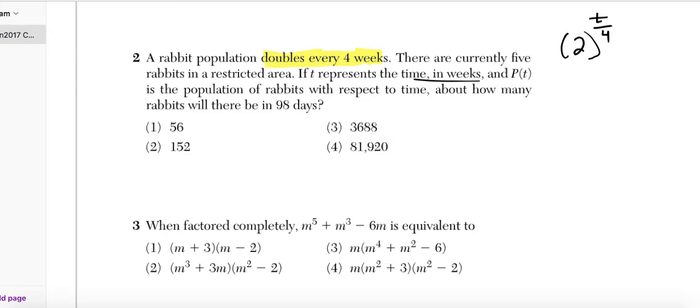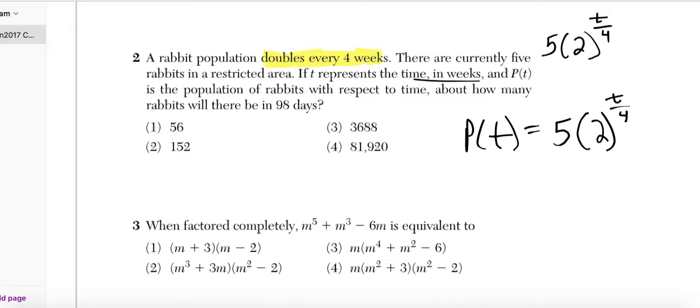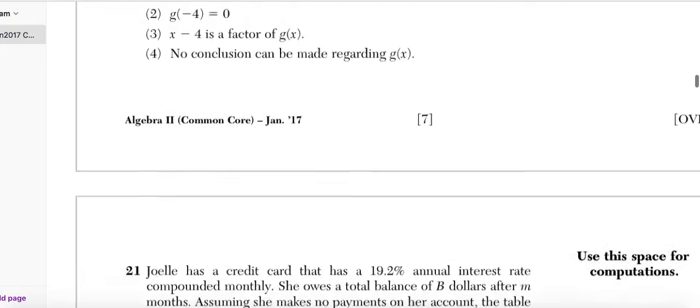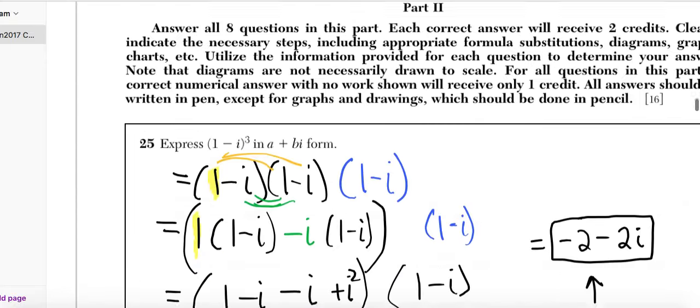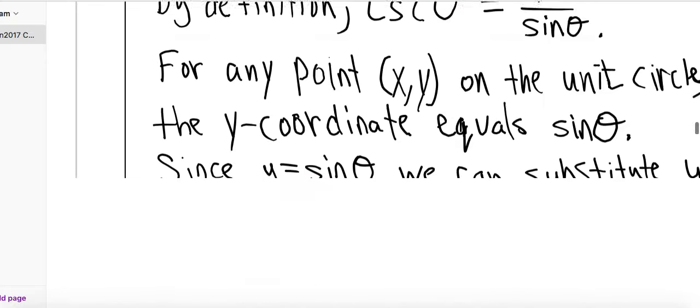And there are currently 5 rabbits in a restricted area. So we started with 5, then P of t, the population after t weeks, is equal to 5 times 2 to the t over 4. So if t was weeks, this means once every 4 weeks. If t was years, it would mean that it doubles every 4 years. Let's use that same fact to find out what's happening in this other function, right?